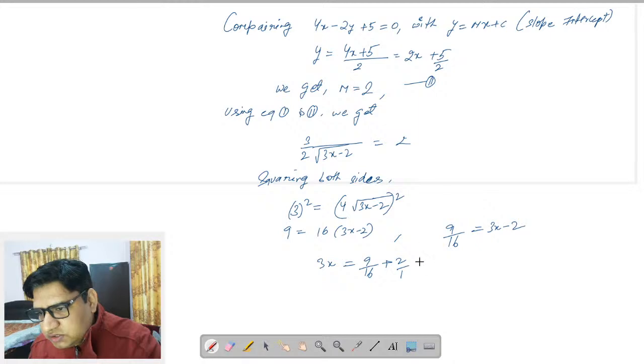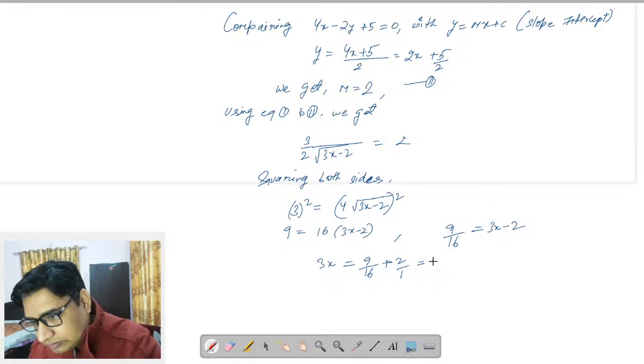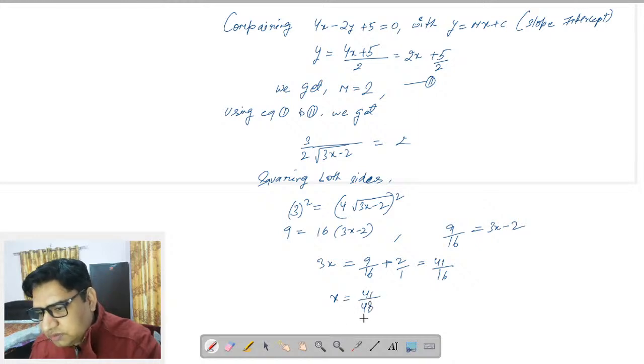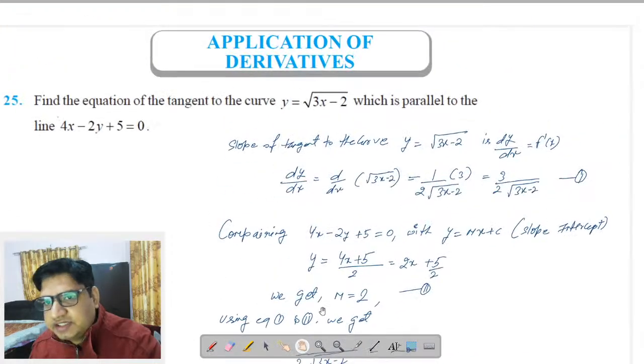If we solve this, 16 twos are 32, 32 plus 9 is 41, so 41 upon 16. And x as we get is 41 upon 48. Okay, that is the value of x.